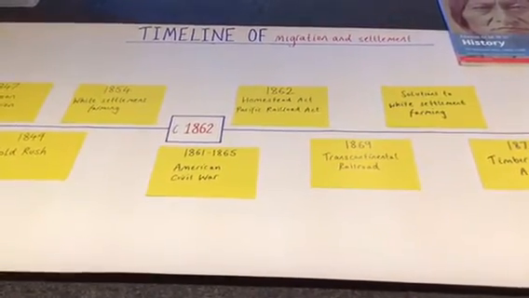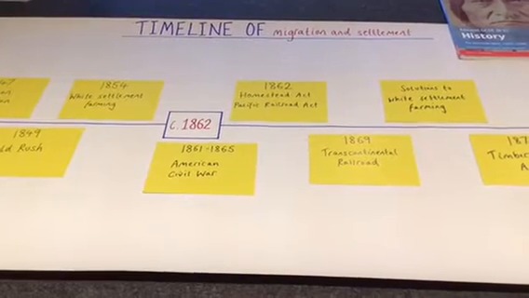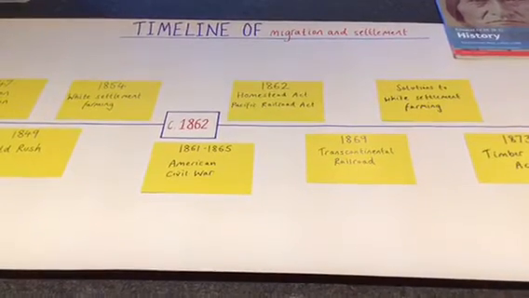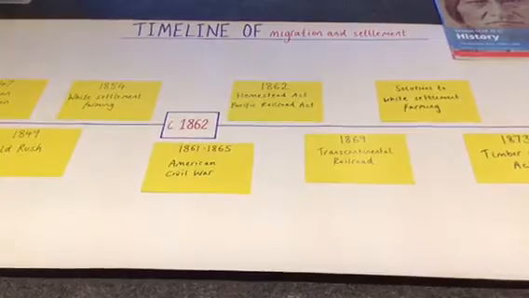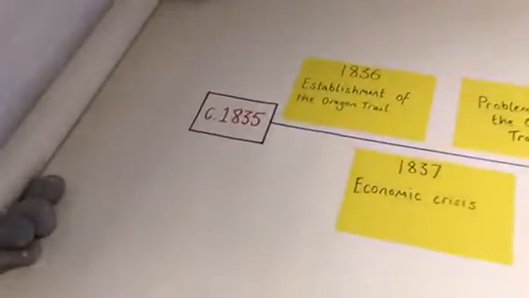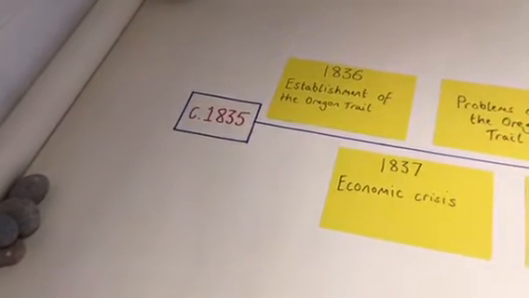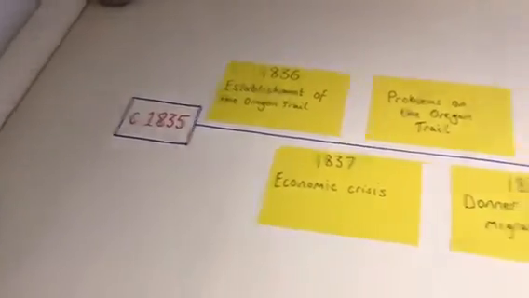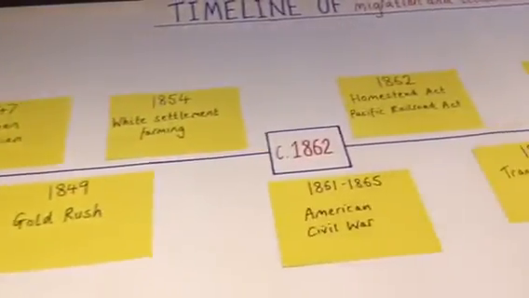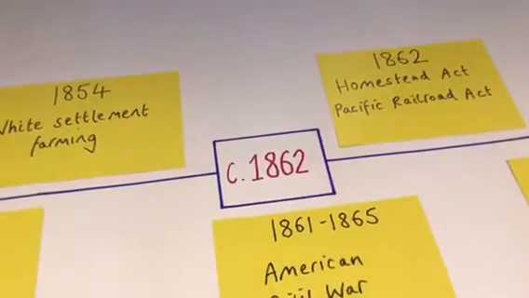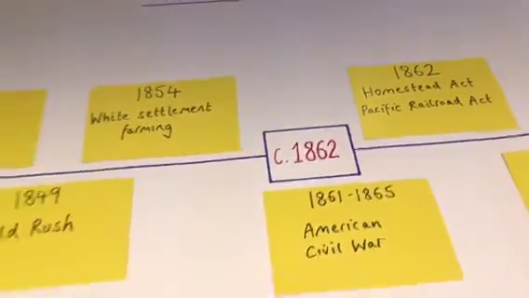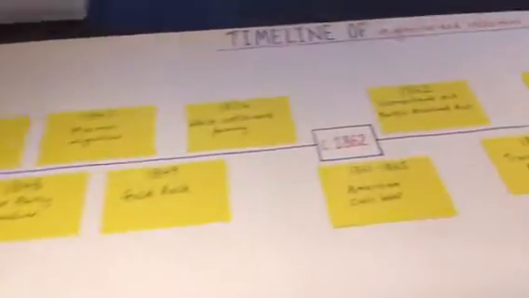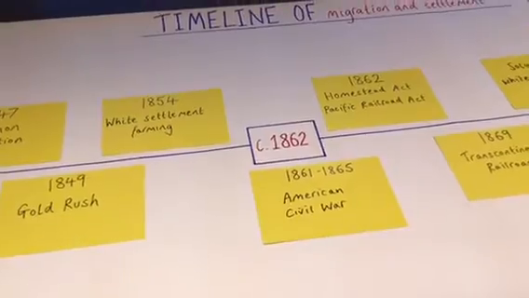What the examination board actually do is decide that there are 2 other dates that split any of the timelines into 3 parts. So let's have a quick look. Start date again, 1835, and then the next date, which gives you the first period, is 1862. So the first period of time you look at on any of the timelines is from 1835 up to 1862.